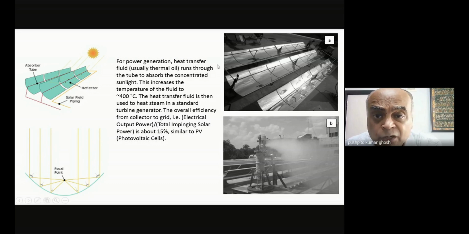And what I will do is that I'll design the system such that the exiting oil will be at a temperature of something like 400 degrees centigrade, and then I will use that in turn to heat up water and form steam. Okay, so you'll do it indirectly rather than generating steam here.